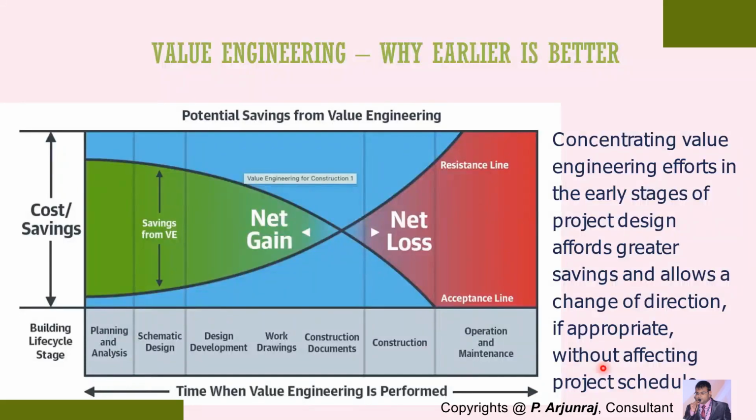If you want to change the material, change the design, reduce the weight, or change the process or supplier, you do it right at the start itself. Don't wait for it. For example, the Tata Nano was launched at 1.5 lakh.